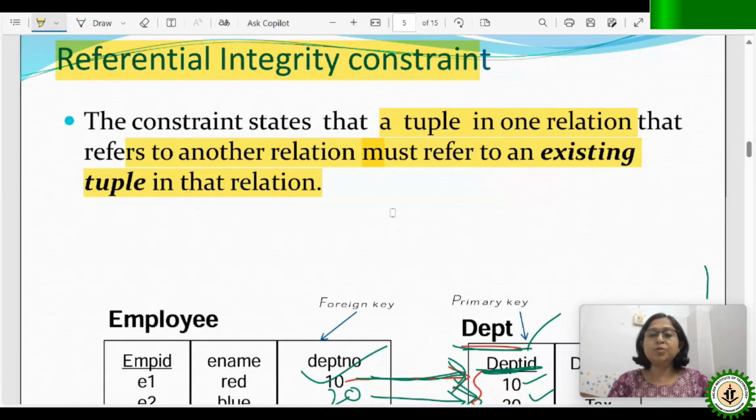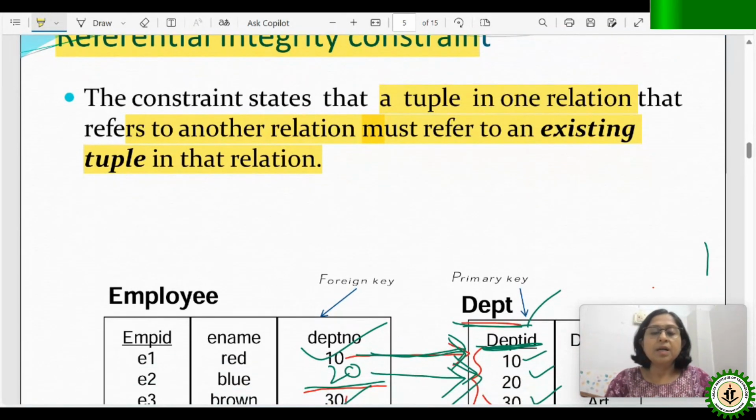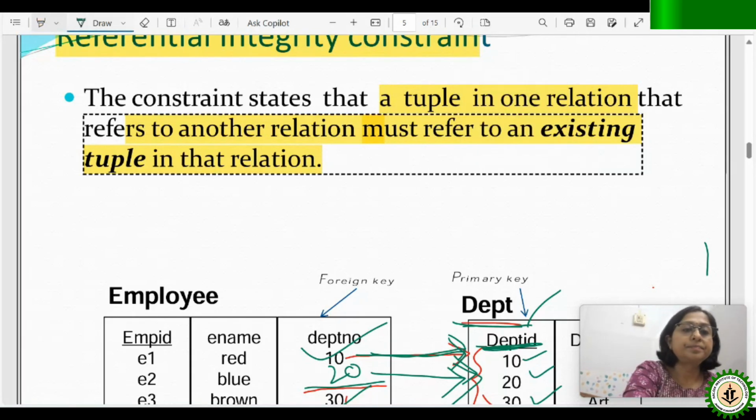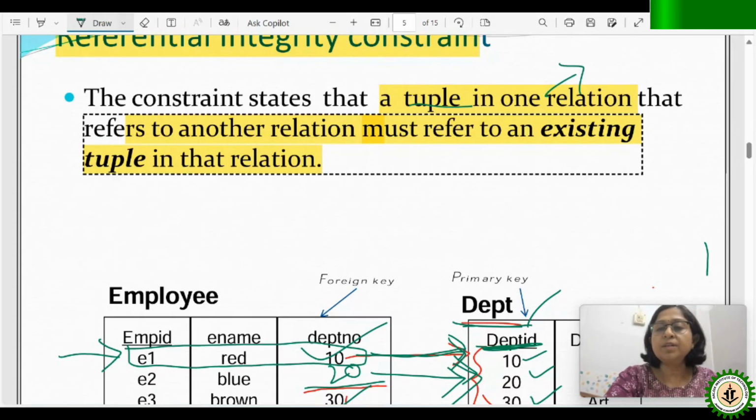Many of you may find this relation, that relation, all mixed up. Let us simplify it. A tuple in one relation, which tuple? E1. In one relation, meaning let us see, it is employee.